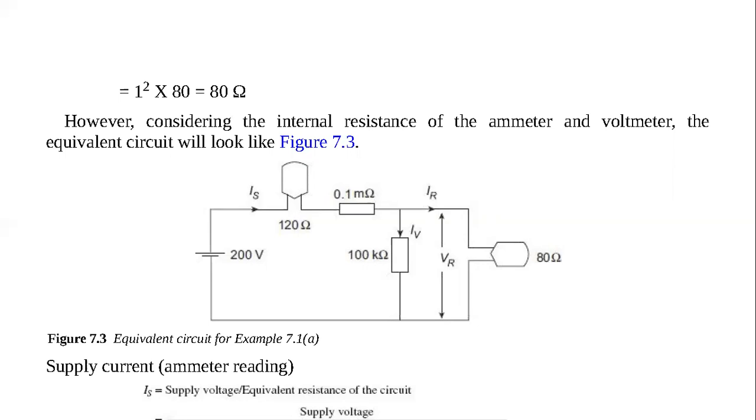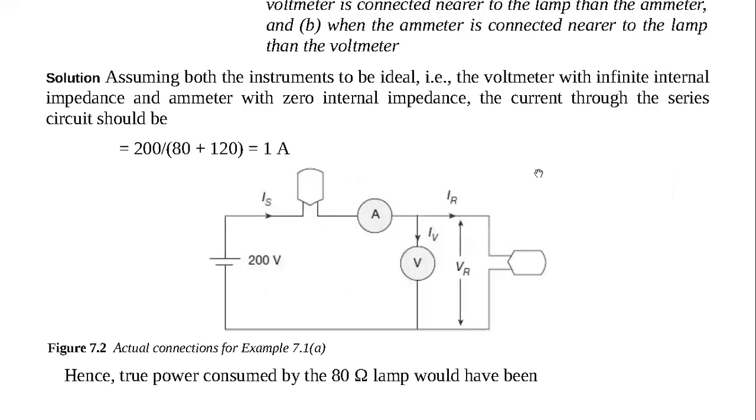We have seen the current to be 1 ampere, and we are assuming that they are connected in series. So it will be 1 squared times R, the resistance of the first one, the 80 ohm lamp.